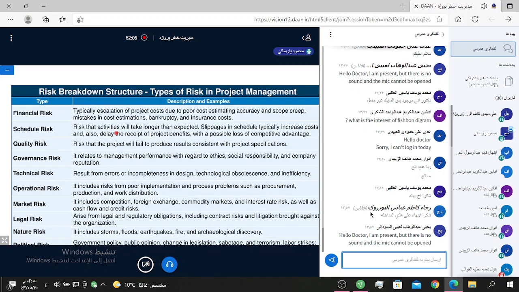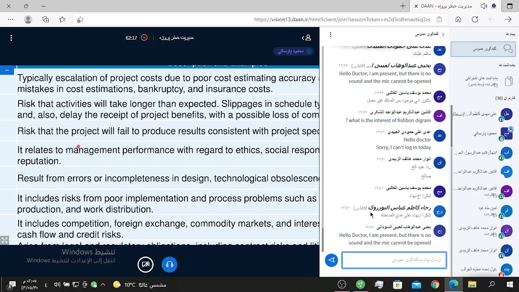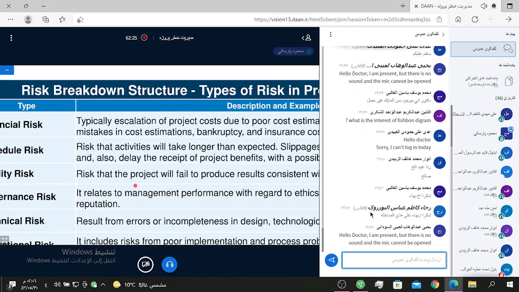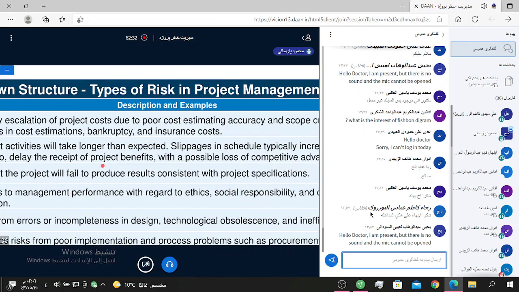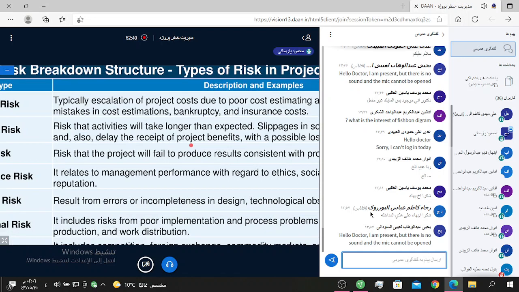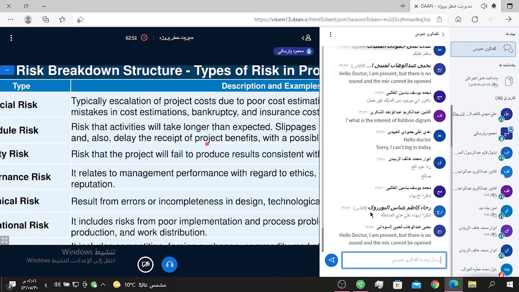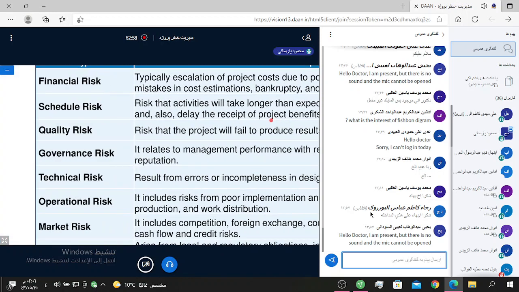The description example is, typically, escalation of project cost due to poor cost estimating accuracy and scope creep, and mistakes in cost estimates, bankruptcy, and insurance costs, for example.